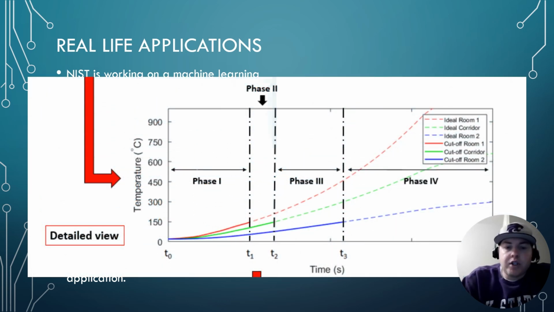This chart here shows some of the data and the phases that NIST is looking at. So phase one is a set of temperature data that they're using and analyzing, and then they'll step through phase two and phase three. For phase one, they have heat detector one and heat detector two registering temperatures.